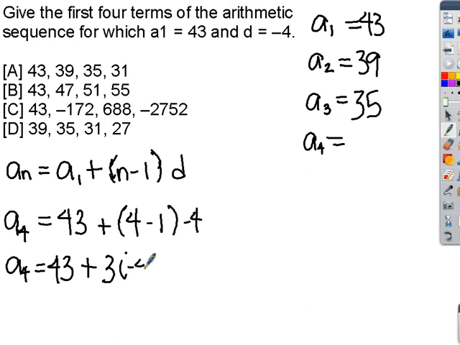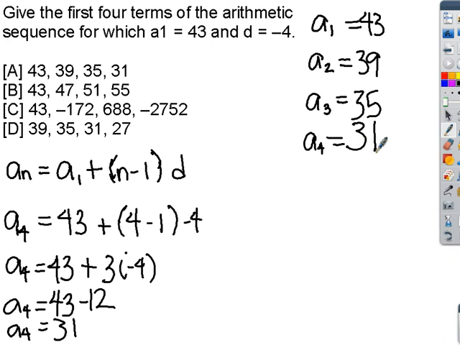A sub 4 equals 43 minus 12. So what's 43 minus 12? Was it your guess? It was mine, 31. So there are the first 4 terms of our sequence.